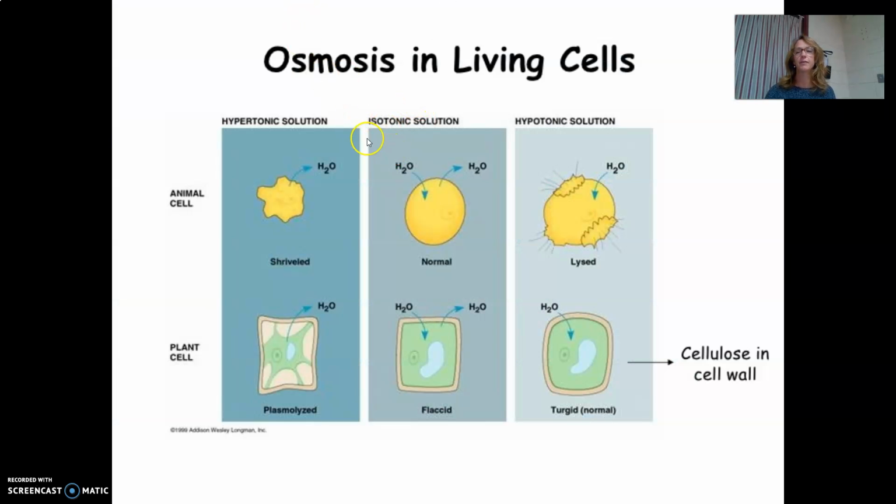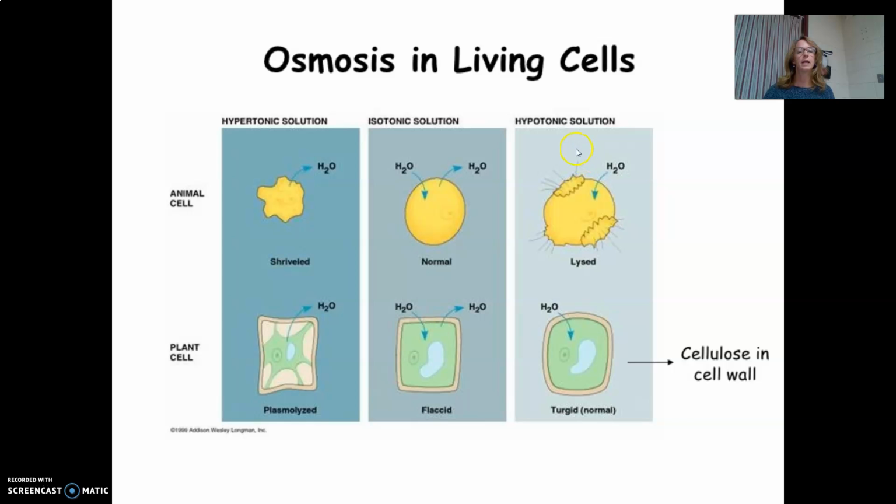This happens in real life. If this is an animal cell and it's in a hypertonic solution, so there's a lot of salt, water will leave the animal cell or the plant cell. This is when we saw those onion cells shrink up because they are in salty water. If your cells are in an even solution, it goes back and forth.